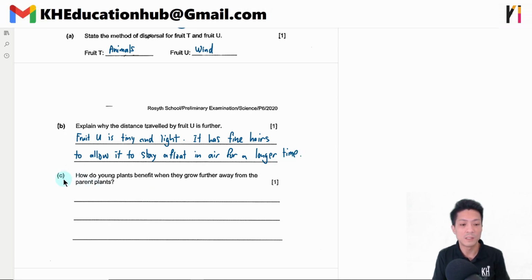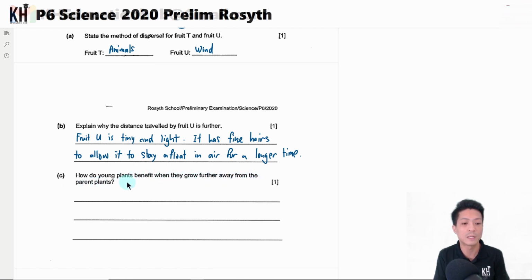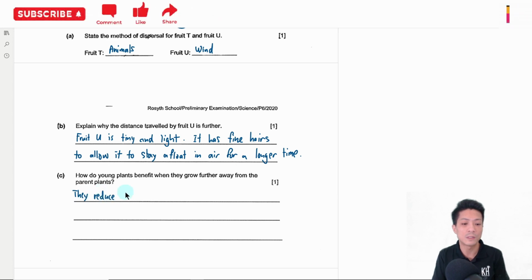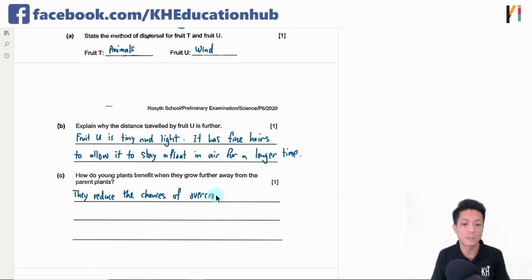Part C, how do young plants benefit when they grow further away from the parent plants? They reduce the chances of overcrowding. You shouldn't be writing they prevent overcrowding, because they do not totally prevent.